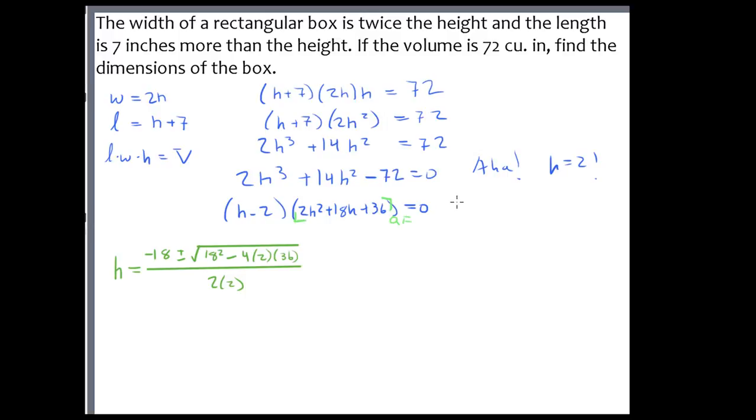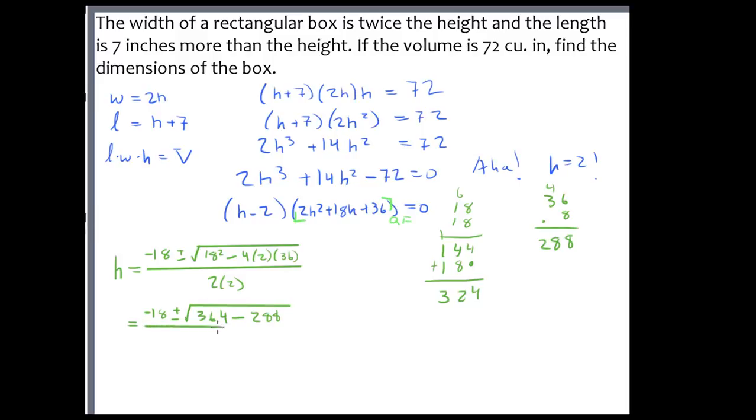Okay, so 18 squared is 18 times 18, so that's 324. So this is negative 18 plus or minus the square root of 324, minus 36 times 8, which is 288. All of this is divided by 4.